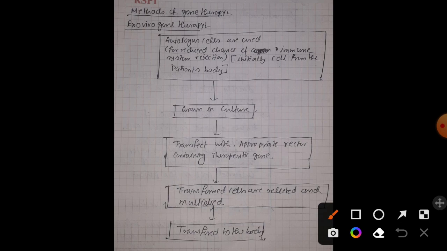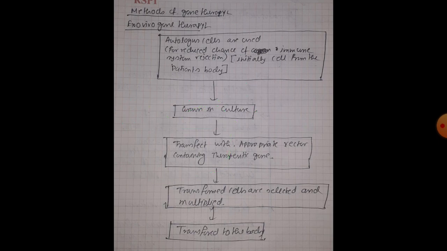Not only that, even if we can somehow take cells from those tissues, growing them in appropriate media will not be possible. And even if we succeed in that, then the transformation or re-implantation of those cells inside the body will not be easy.